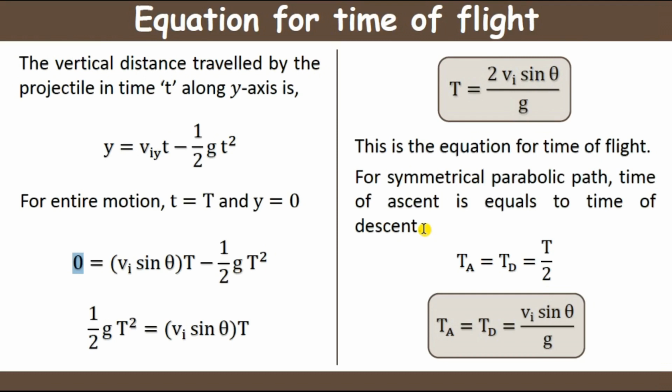That means that time of ascent plus time of descent is equal to the time of flight. So if you want to find the time of ascent or time of descent, that will be given by time of flight divided by 2, which is nothing but Vi sin theta divided by g, or you can call that U sin theta divided by g, right? Are you all with me? Are you able to follow?